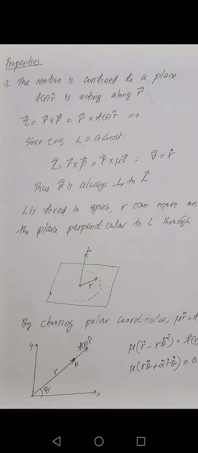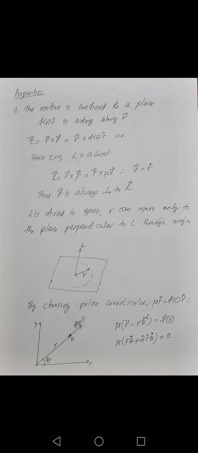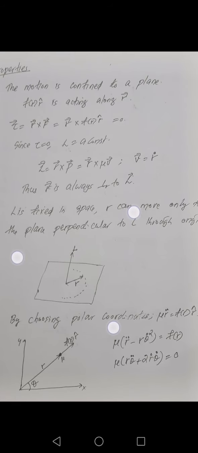By choosing the polar coordinates, mu r double dot is equal to F of r r cap. That is our equation of motion now. So this is the x, y coordinate. This is the mass mu, this is r, and this is F of r, and I take this angle as theta. So we have r and theta.